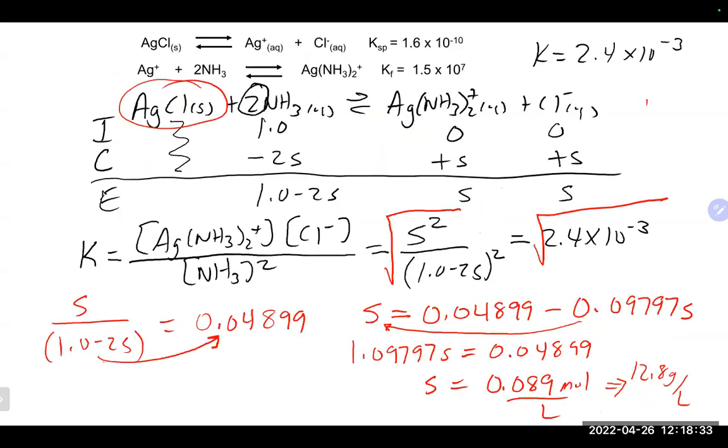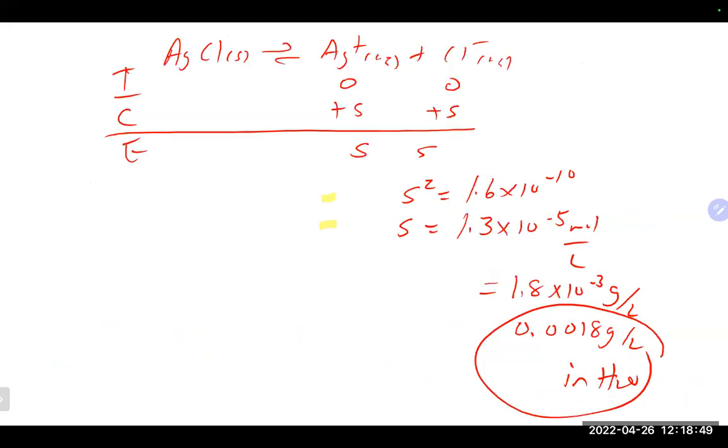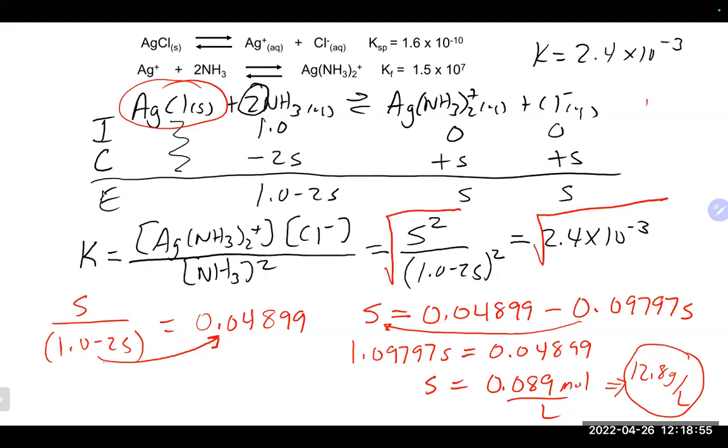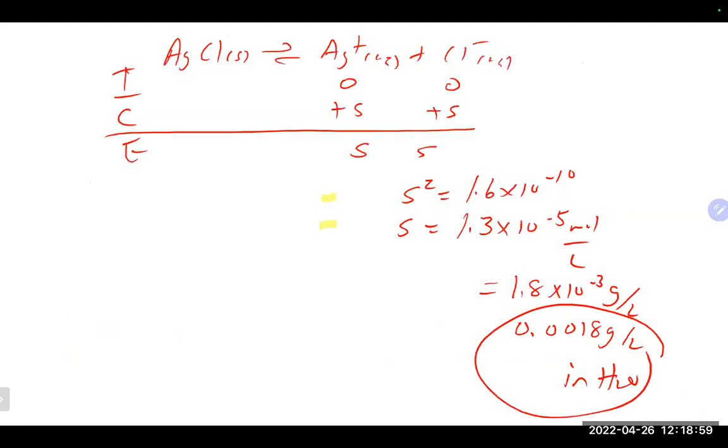The solubility of it in ammonia is 12.8 grams per liter. Which one is it more soluble in? It is much, much more soluble in ammonia than it is in water. You get about 12 or 13 grams per liter versus 0.002 grams per liter.